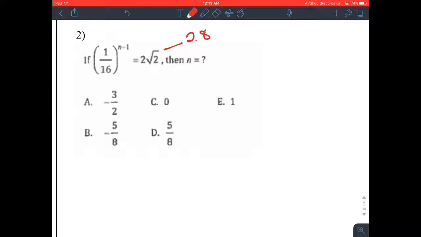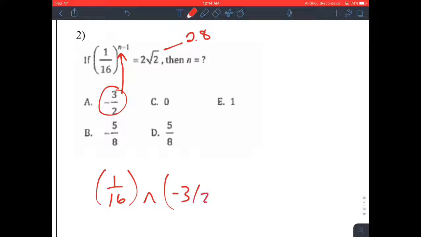Since we have these answers already down here, if we plug each of these in for n, it would be like a 1 to the 16th in parentheses, caret in your calculator, negative 3 divided by 2 minus 1, this has to be in parentheses, you will find that ends up being 1,024.